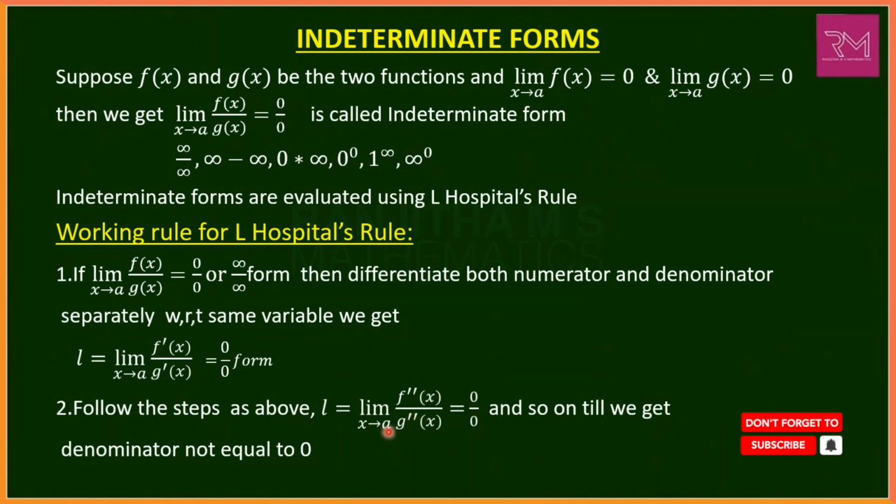Here we have to substitute again as x tends to a. If we get a value, we stop here itself. Or if again we obtain a form of the type 0 by 0, we have to continue the procedure till we get a denominator not equal to 0. This is the working procedure of L'Hospital's rule.